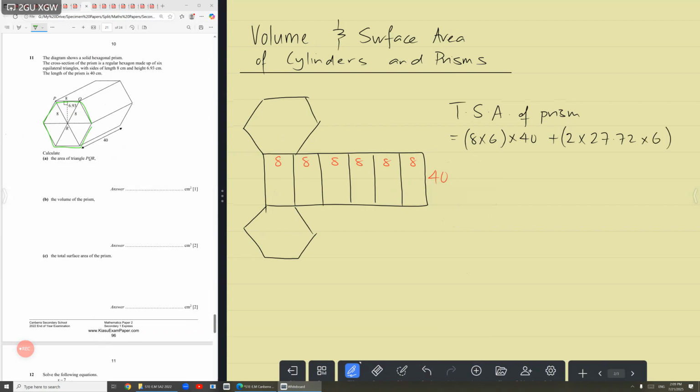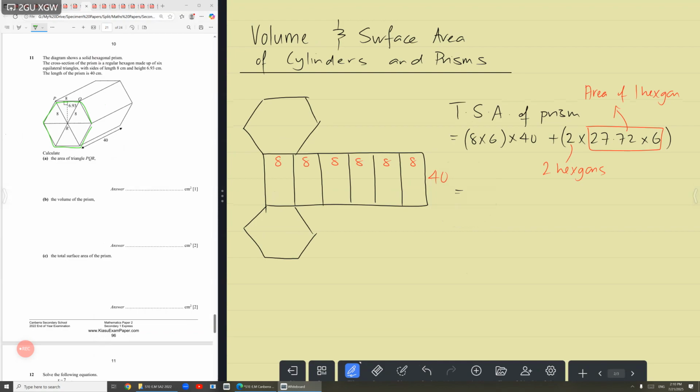Then 2 times, because there are 2 hexagons, while this is the area of one hexagon.